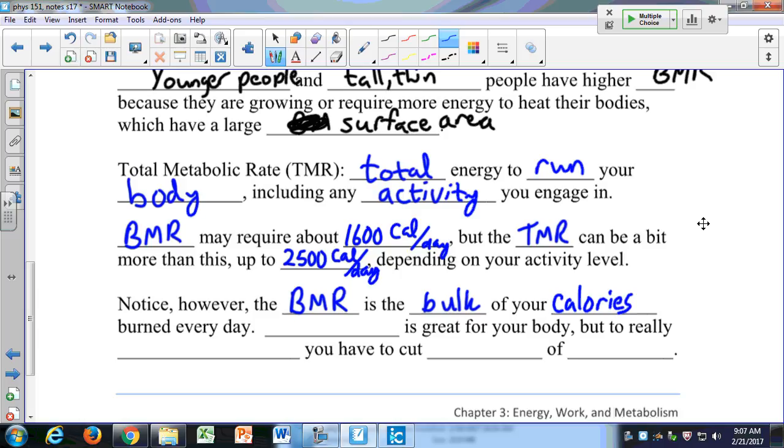So while exercise is great for your body, it does all sorts of good things for your body, to really manage your weight, you really have to focus on the consumption of calories. So to manage your weight, or to lose weight in particular, you have to cut your consumption of calories.